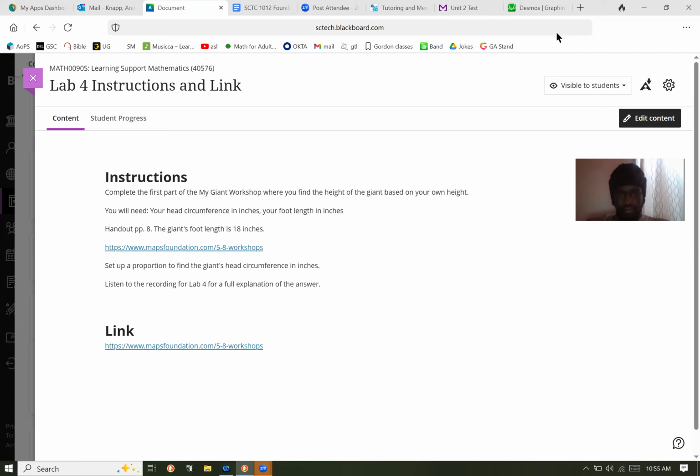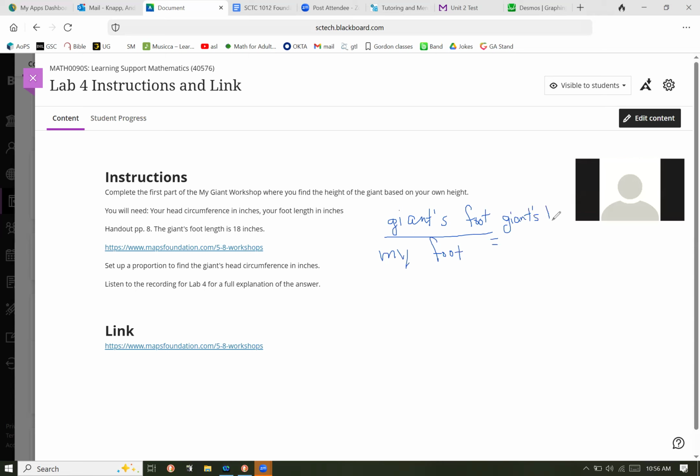So what we're really after is setting up a proportion where we have to be consistent, but we can do the giant's foot length compared to my foot length and set that equal to the giant's head circumference compared to my head circumference.